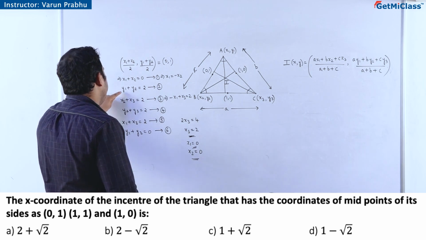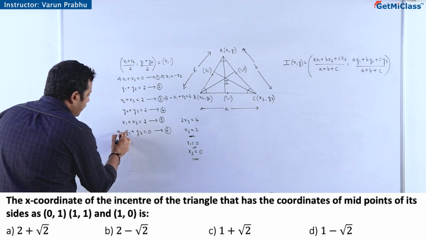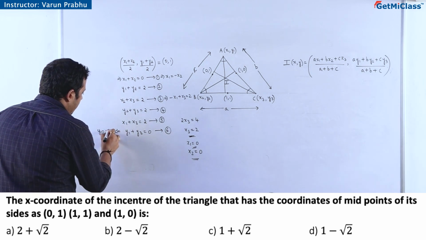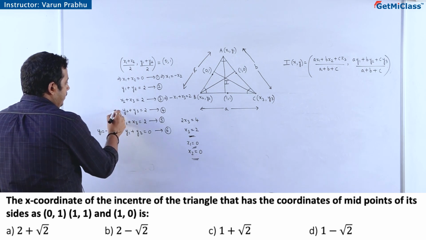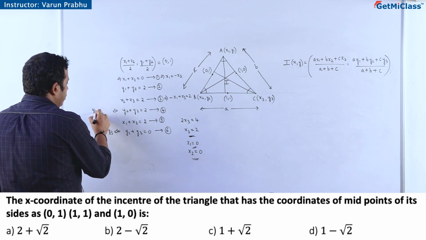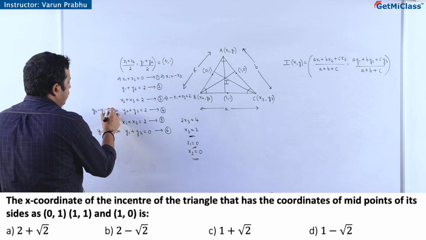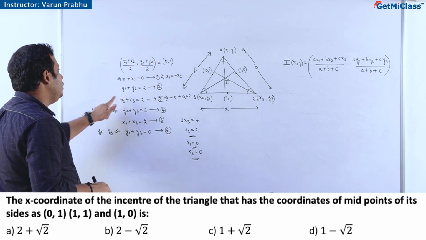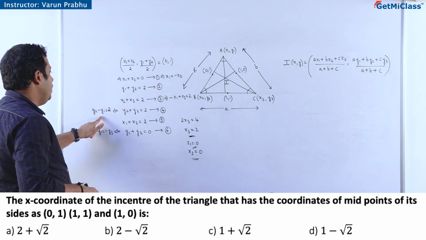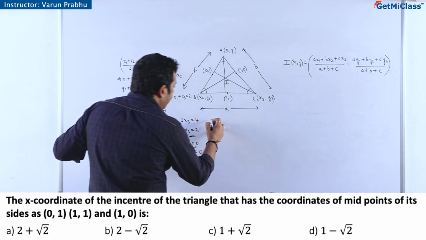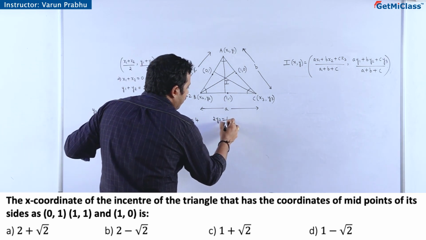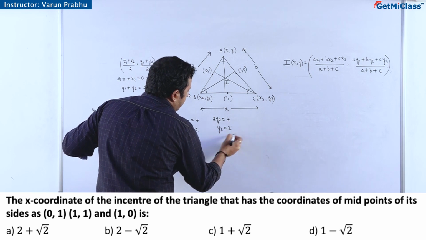Similarly, if you see y1, here y1 is equal to minus y3. If y1 is minus y3, here I can write y2 minus y1 is equal to 2. So now if you add these two, you will get 2y2 is equal to 4. Your value of y2 will be equal to 2.